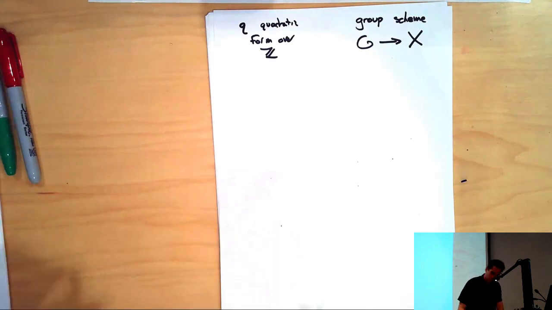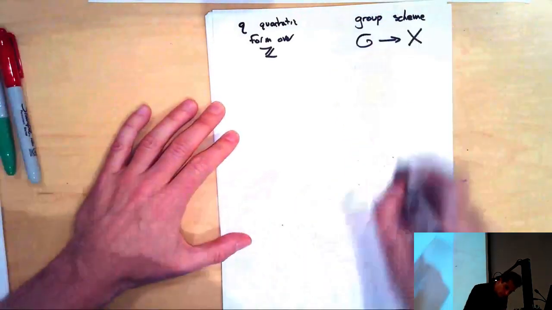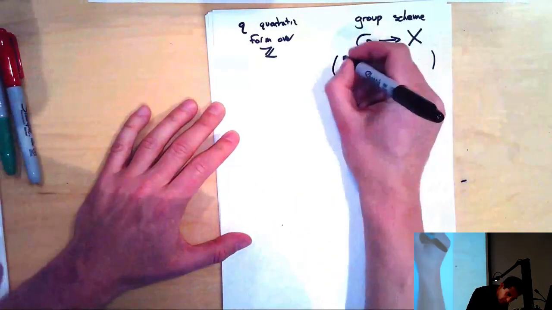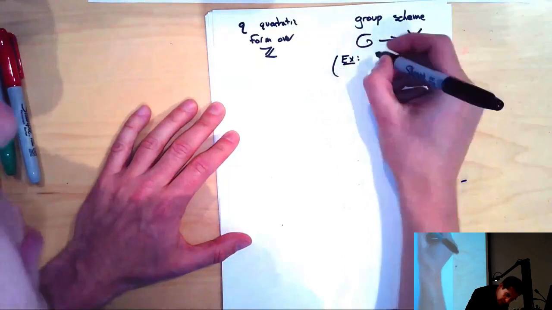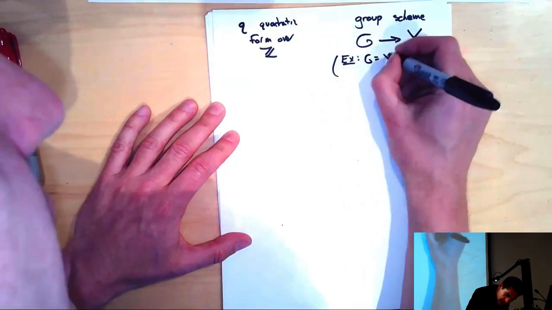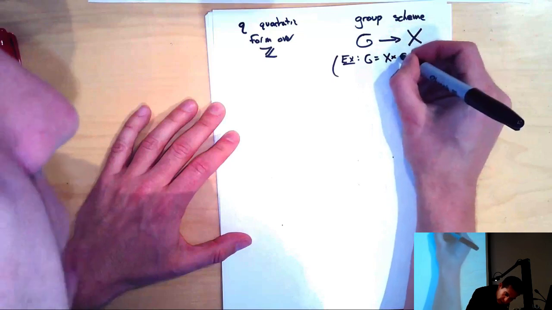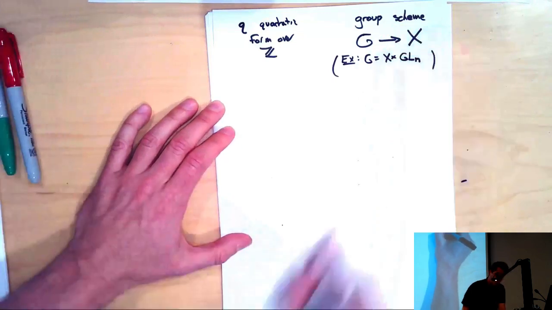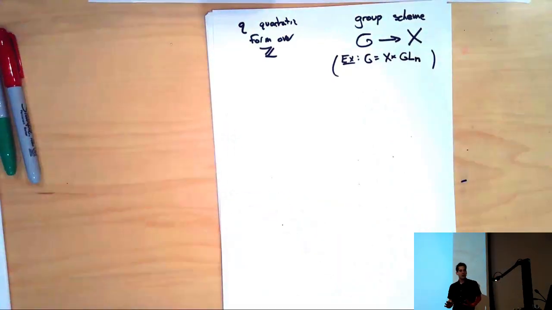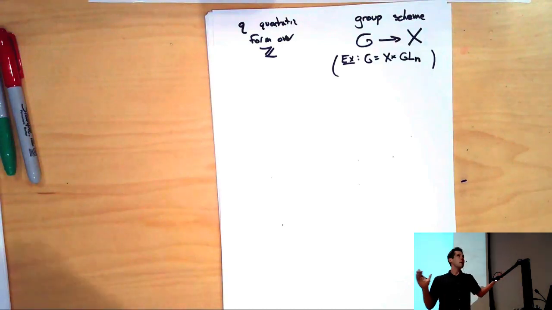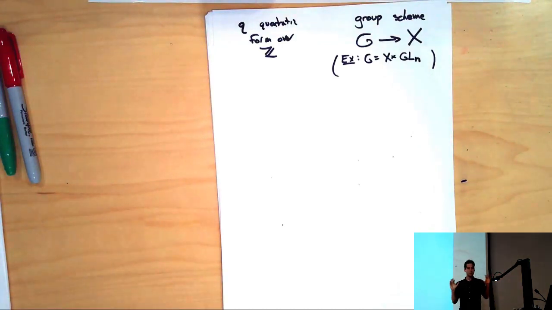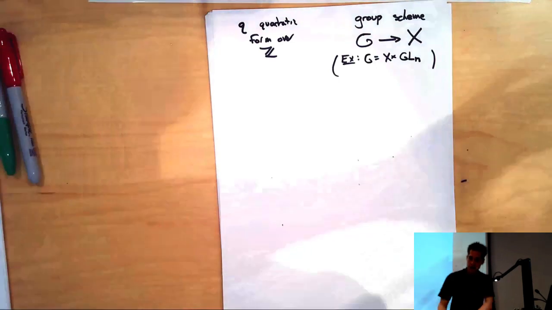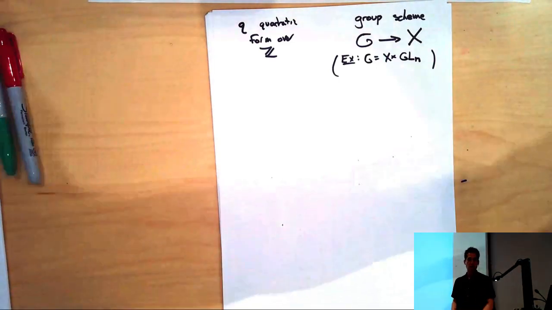And so an example that you could think about would be taking G to be X cross your favorite algebraic group, like GLN. That's maybe not such a great example because what's going to be important in a little while is the assumption that G is semisimple. Actually, I already made the assumption that G0 was semisimple.